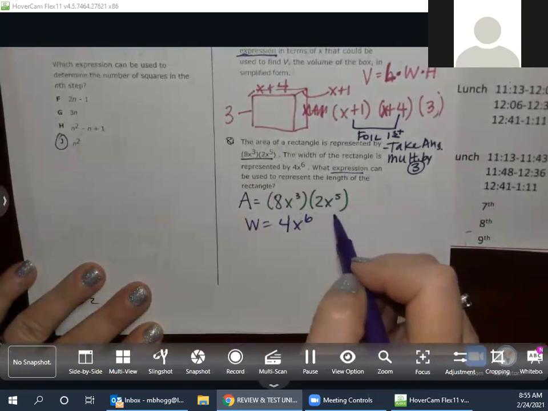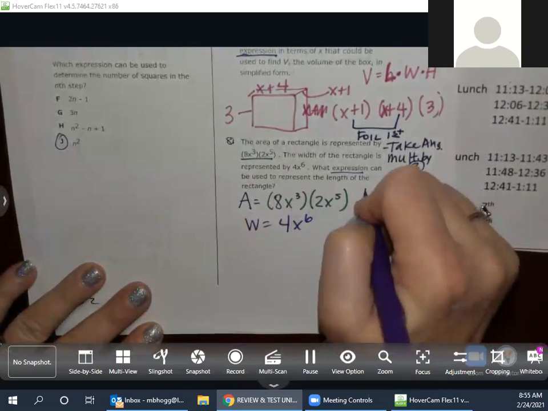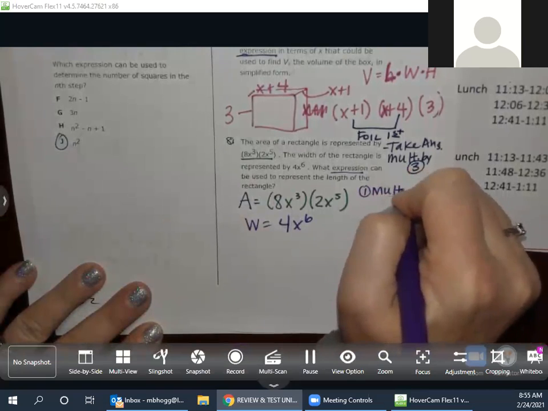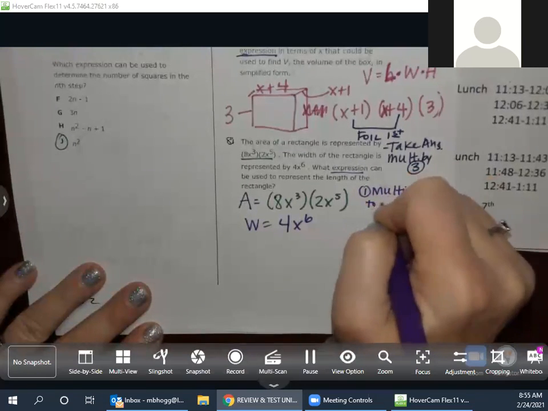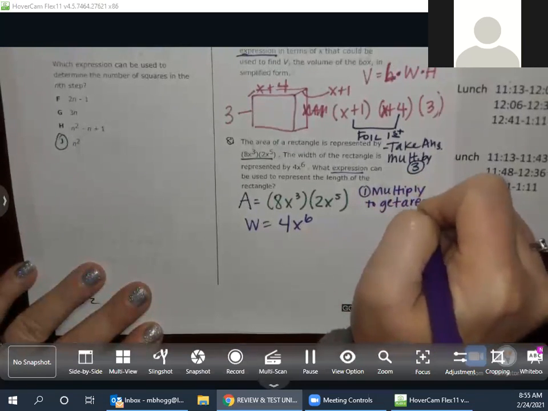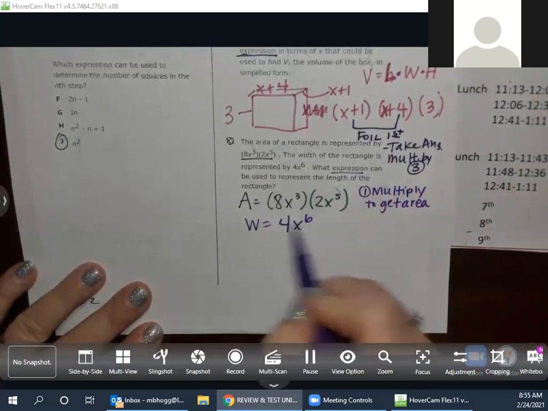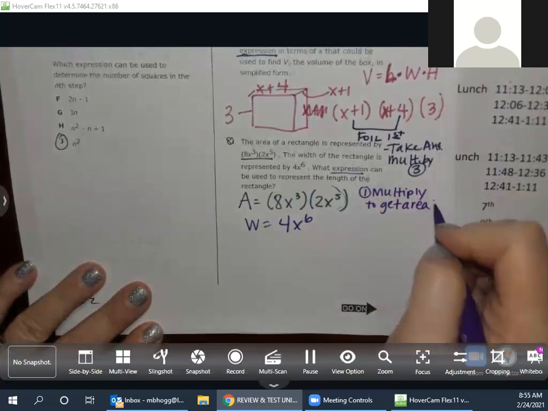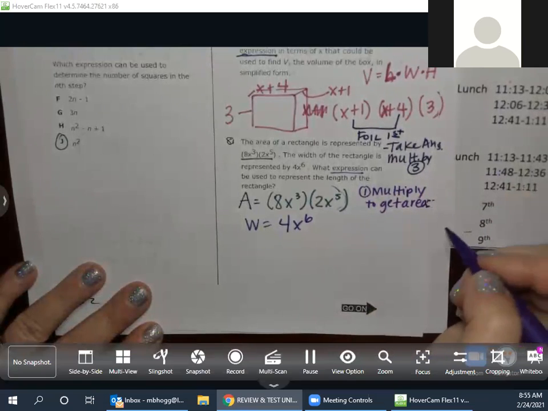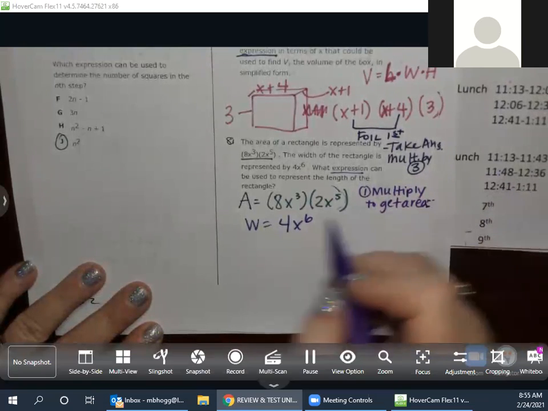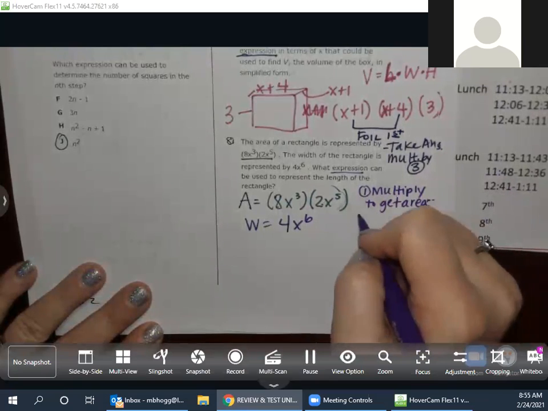Okay, so what you would do first is you would multiply to get the area. And the reason I say that is because this is not simplified. Like you could fix this. And in fact, I'm going to do that because I want to see the final expression. So you would say 8 times 2 is 16.